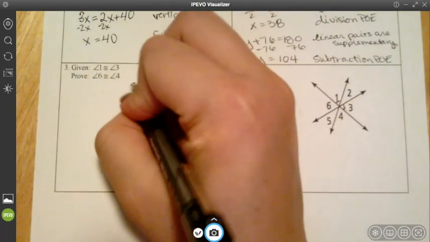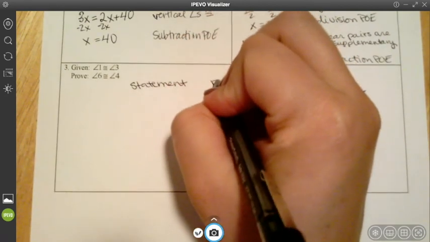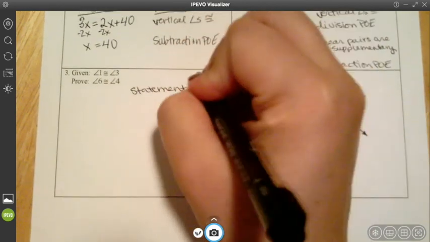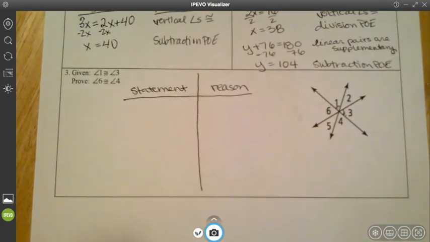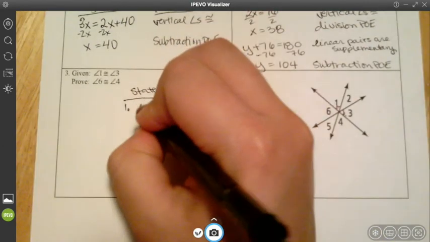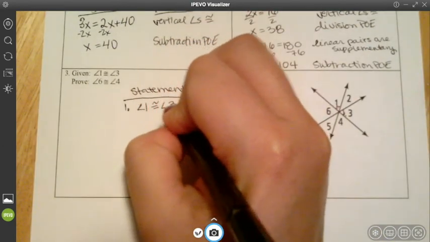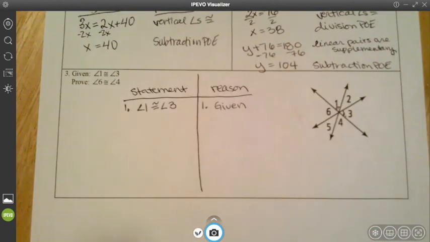So we're going to write statement, reason, make our two columns. Always start with what you're given. So the first statement is going to be angle 1 is congruent to angle 3 because it was given to us.